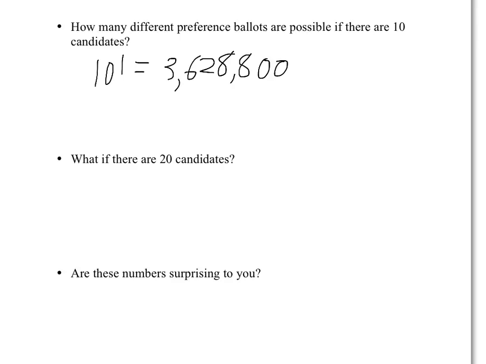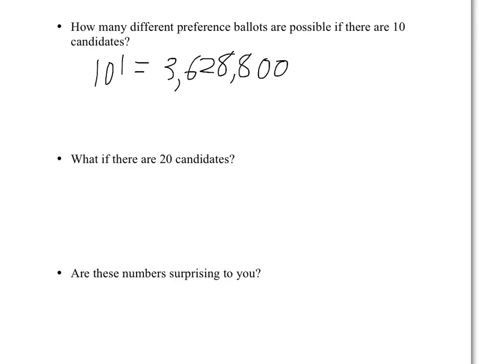In the course of doing that computation, it does turn out that 3.6 million does equal 10 factorial. It does equal the number of different possible preference ballots, even though you might be surprised that only 10 candidates can produce that many different possible ways of ranking them.